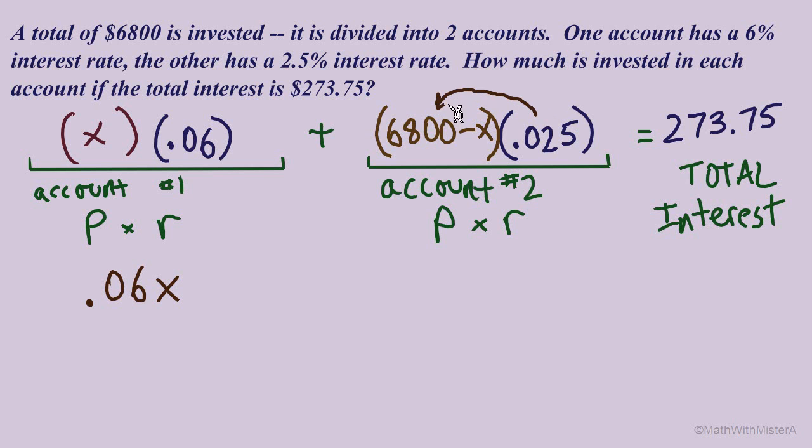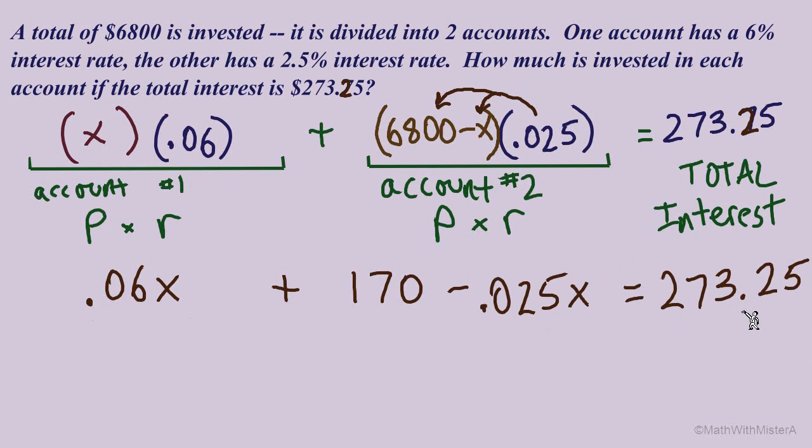We must make sure that we're multiplying the 0.025 to each of those two terms in this expression. The 0.025 times 6,800 equals 170. 0.025 times minus x, or negative x, is minus 0.025x.